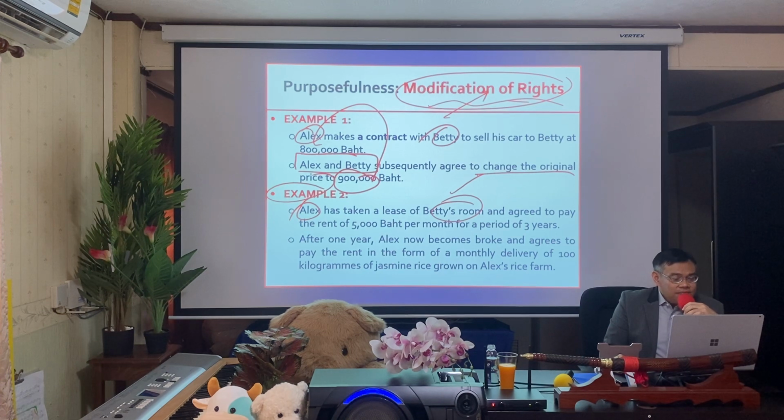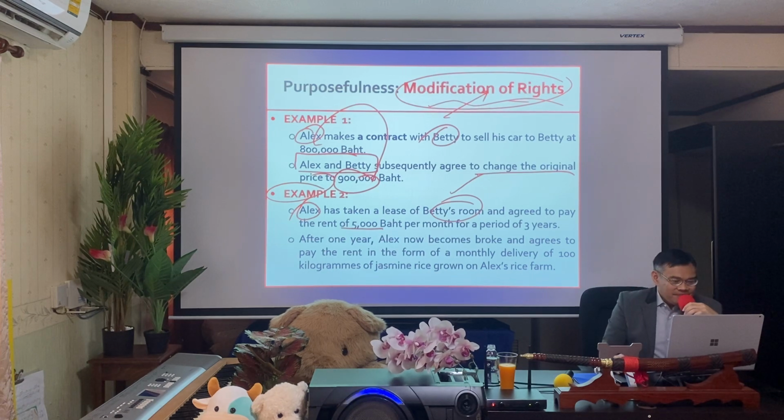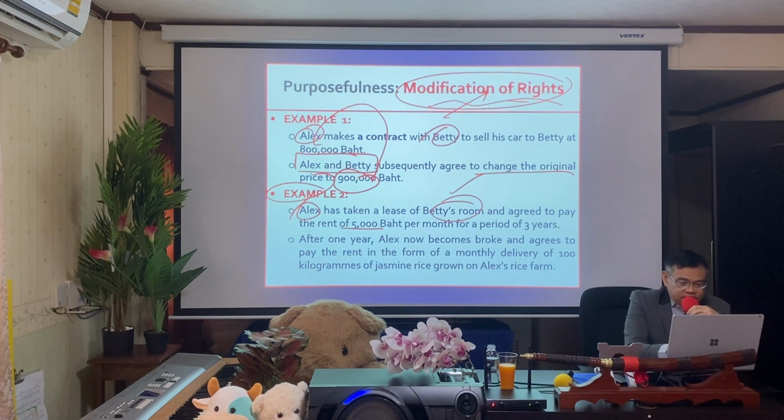The agreement says that Alex would have to pay the rent of 5,000 baht per month. The term of this lease is 3 years.